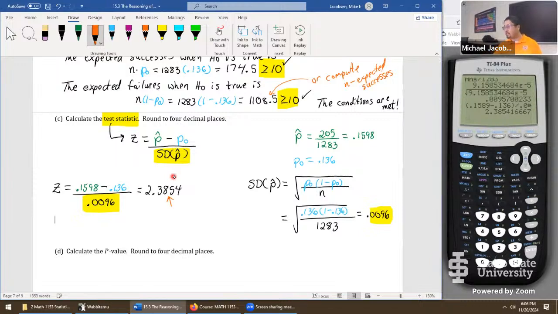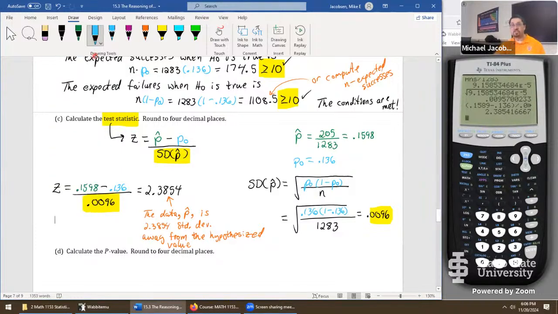What this is saying is the data, by the data we mean p hat, is 2.3854 standard deviations away from the hypothesized value. We should say what we're referring to when we say that. The hypothesized value of P naught is 0.136.